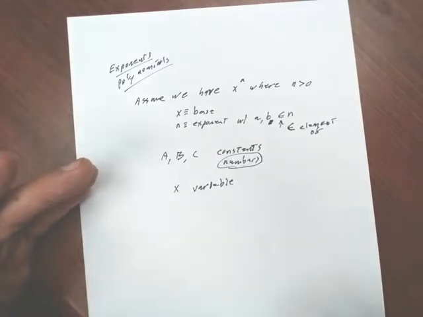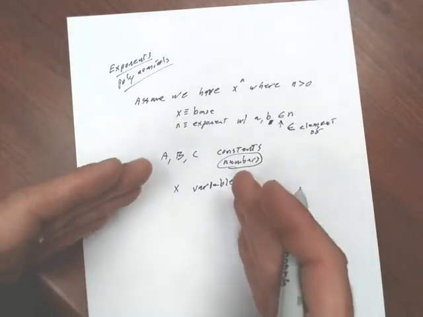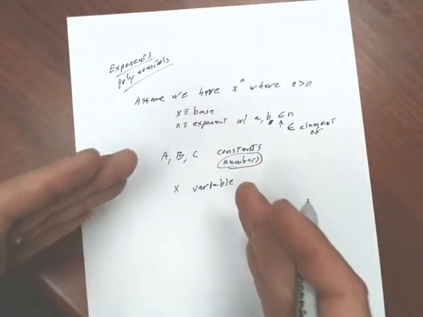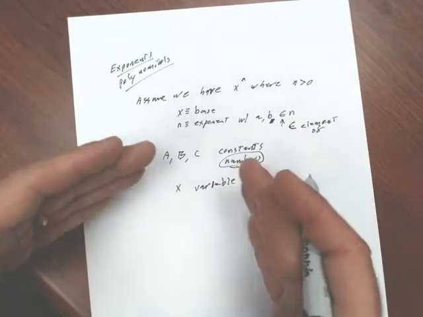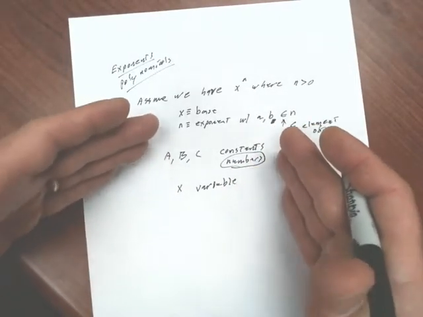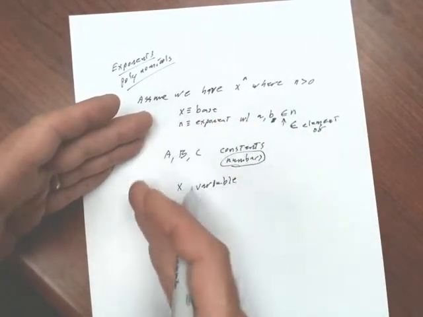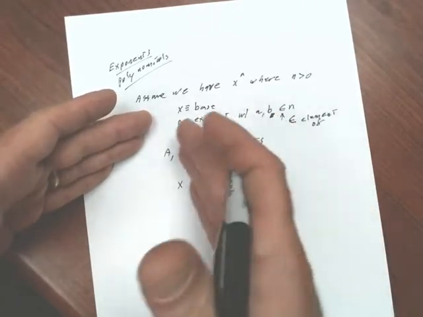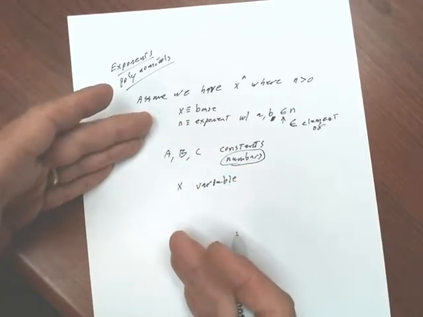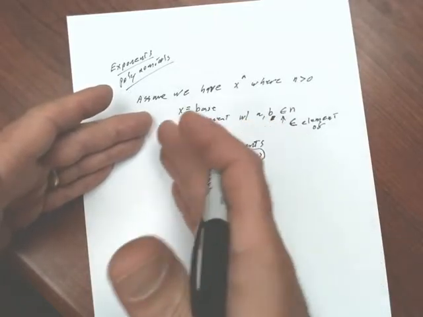It is a variable. Unless you specifically label x as taking on a specific value, it is not a constant. It is not a given number. It can take on any number. Any real number can be x.